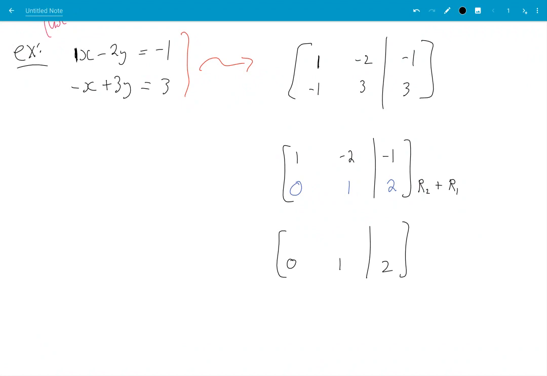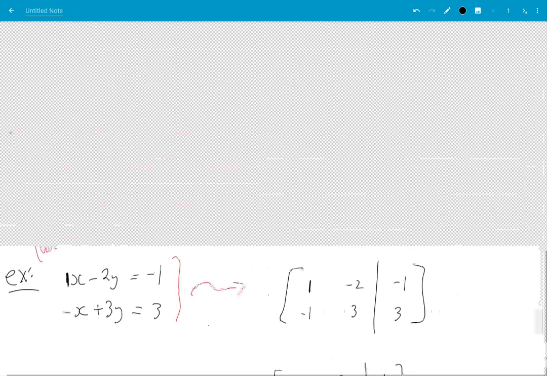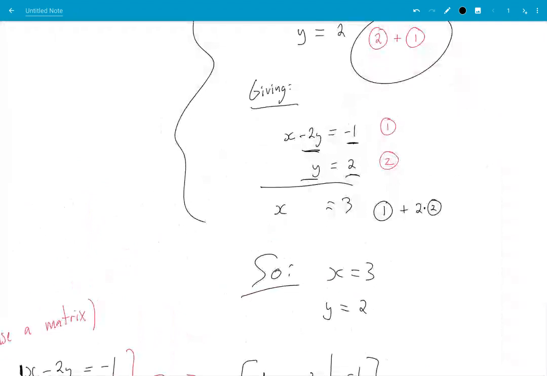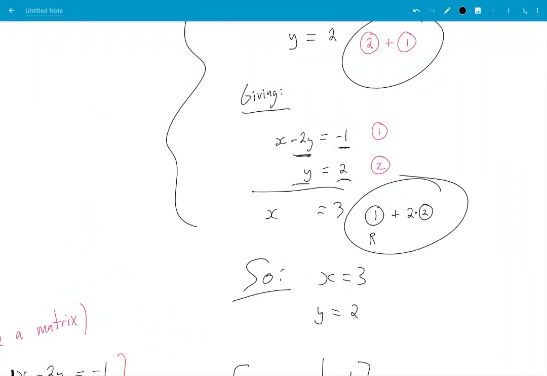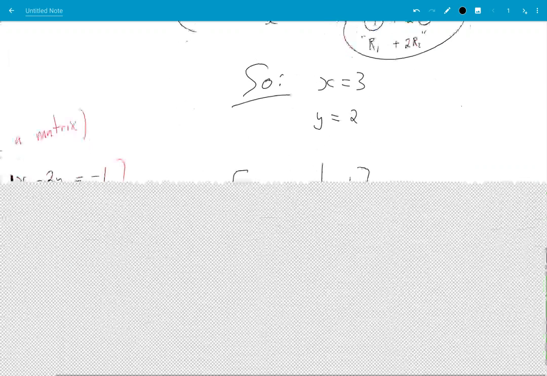Okay, so again, I'm just repeating my elimination steps. And my next elimination step was this one. So it's going to be row 1 plus 2 row 2, the translation into the matrix world.